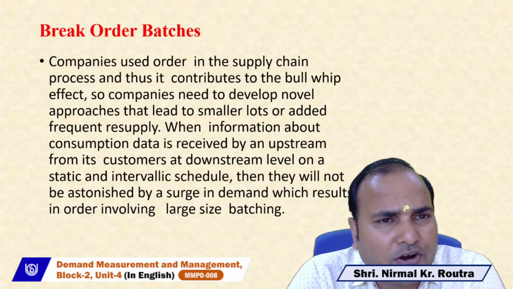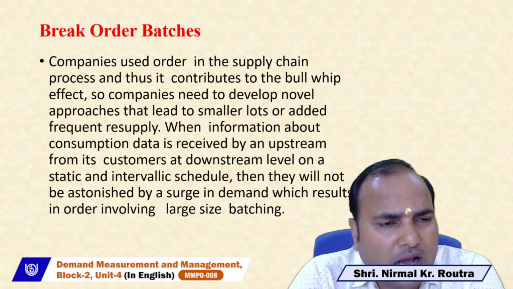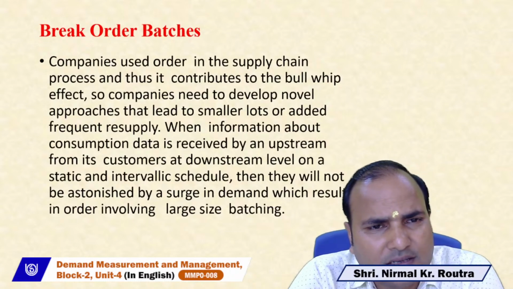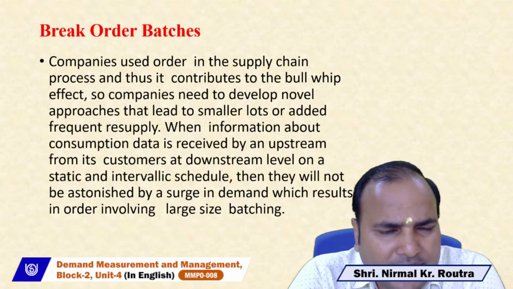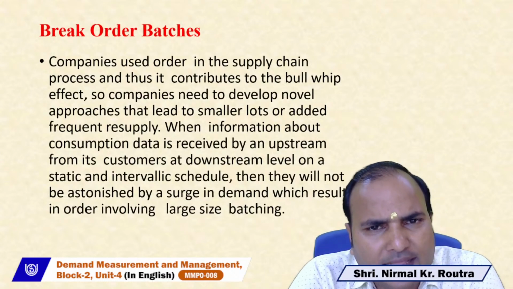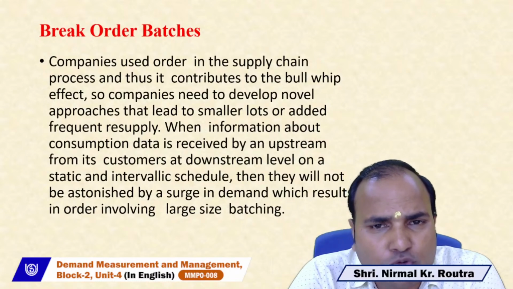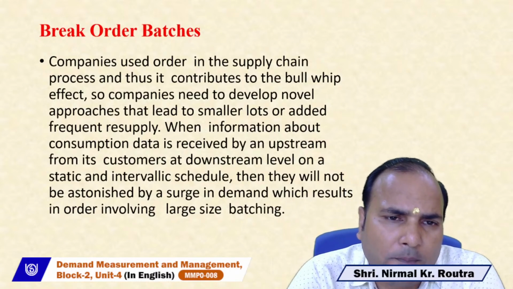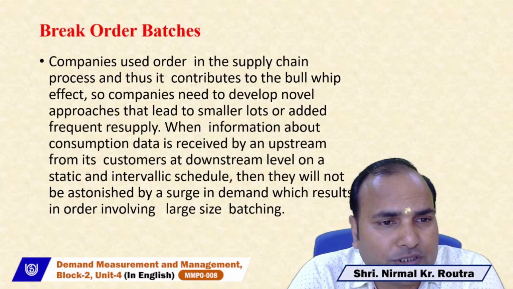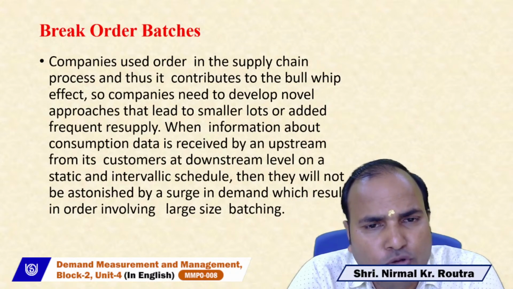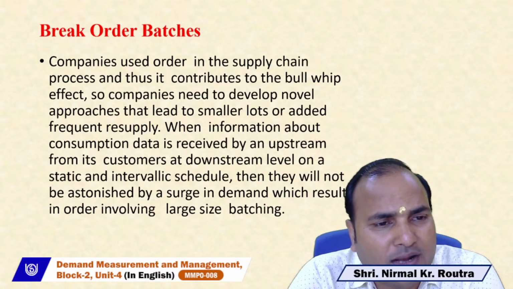Then break order batches. What are break order batches? As we know, companies place orders in batches in the supply chain process, and thus it contributes to the bullwhip effect. So companies need to develop novel approaches that lead to smaller lots or more frequent resupply.